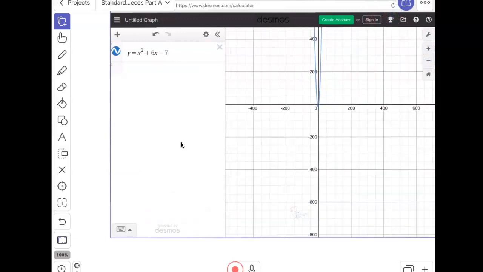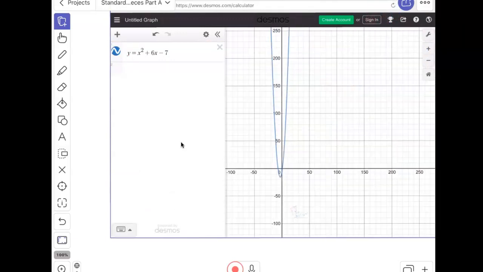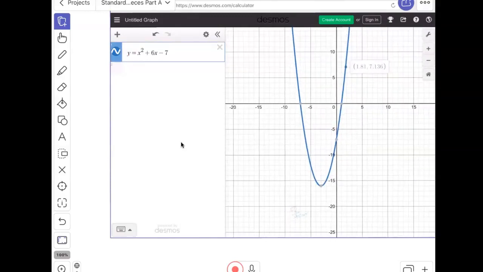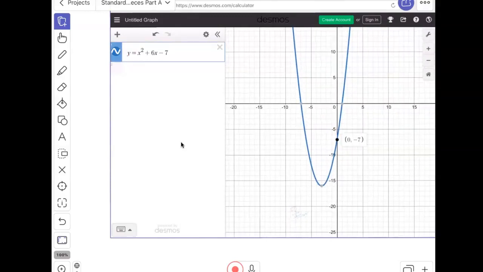If you look at 6x minus 7, I'm going to zoom in here. We're looking at where it crosses on the y-axis, and it's right here. It's at 0, negative 7, because your c value is negative 7. So this tells you where it's going to cross on the y.